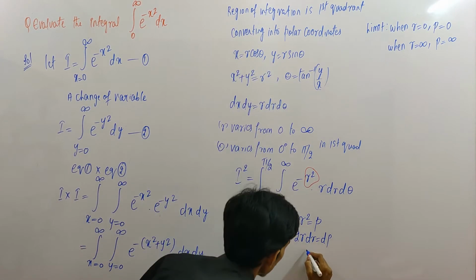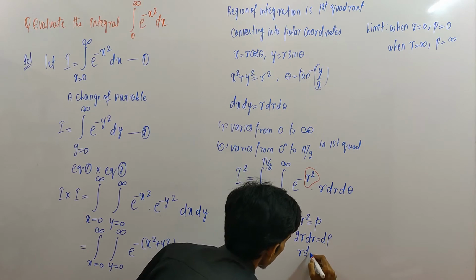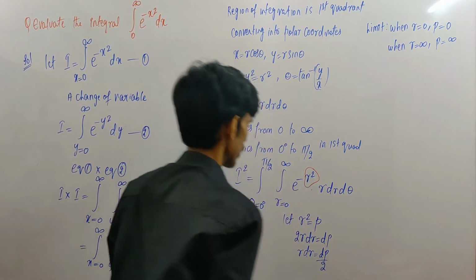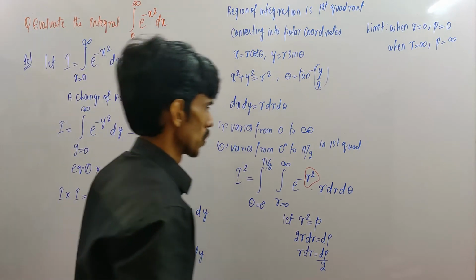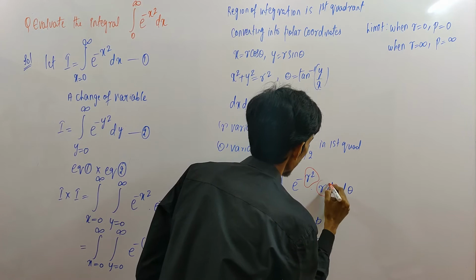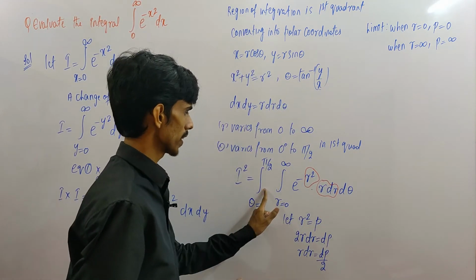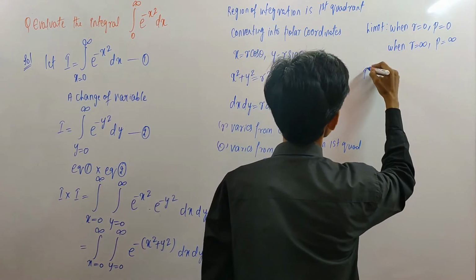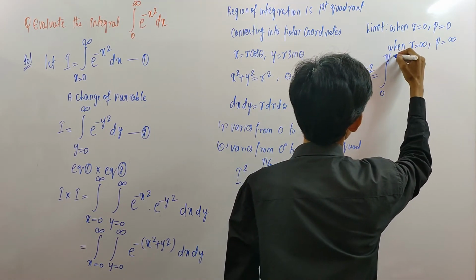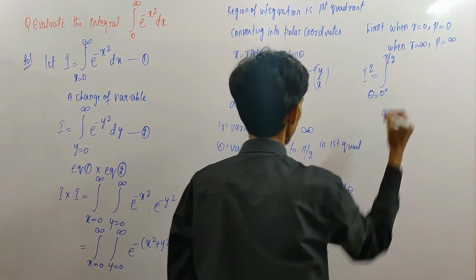From this, r dr is equal to dp divided by 2. So this term r dr will be replaced by dp by 2. Hence this integral I square equals integral for theta equal to 0 degree to pi by 2.